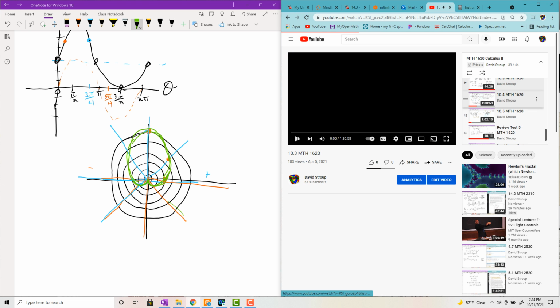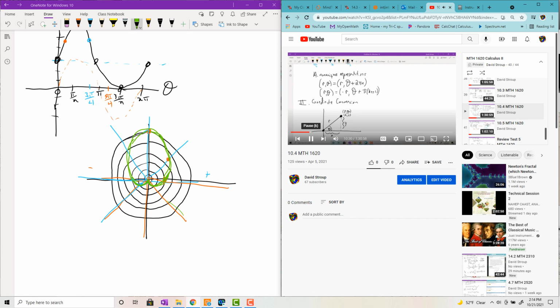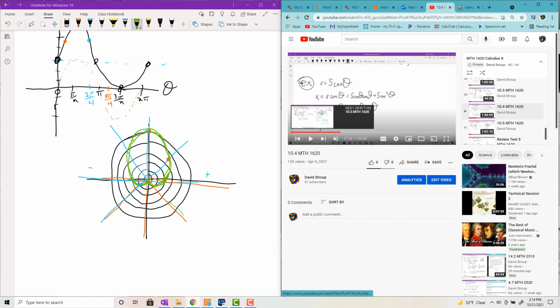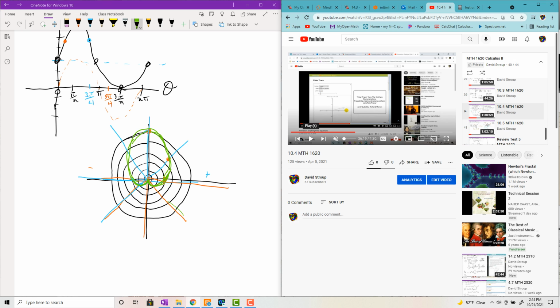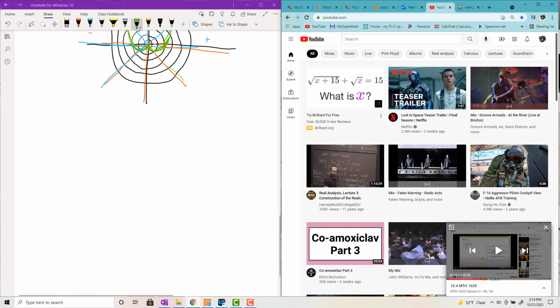Nope, 10.4. Okay, so if you have that, I go through the same thing with the coordinate conversion, and then I start working with polar curves and stuff like that. So this is actually Calc 2 stuff. I'm hoping you already know that, but if not, you can send me an email, and I will send you a link to one of my videos.